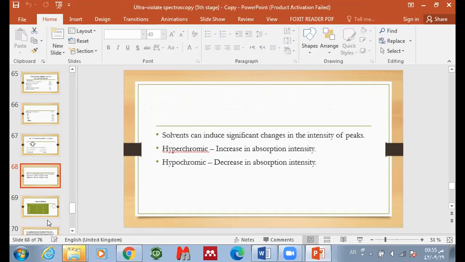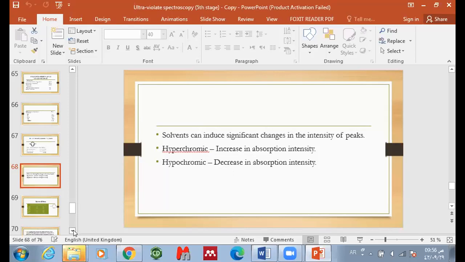So we will discuss the solvent effect on the intensity of the peak, I mean the UV-visible absorbance peak. We have hyperchromic and hypochromic effects, as we mentioned before. Hyperchromic effect means an increase in the absorbance intensity, while hypochromic means a decrease in absorption intensity.